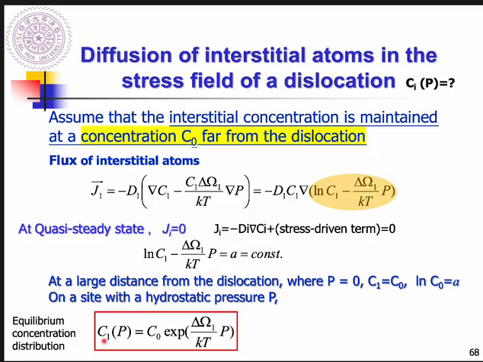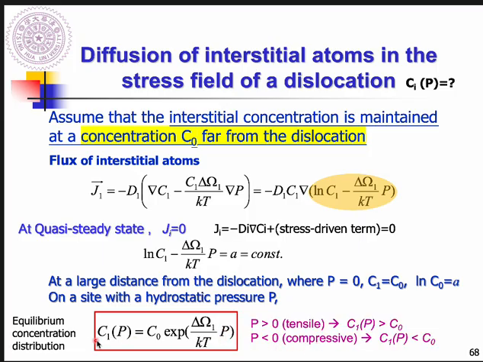So next, as long as you get this result, the concentration of interstitial equals C0, which is the concentration of dopants far away from a dislocation, times the exponential of average atomic volume divided by kT times P. So here we know that in the compressive region, P is negative.